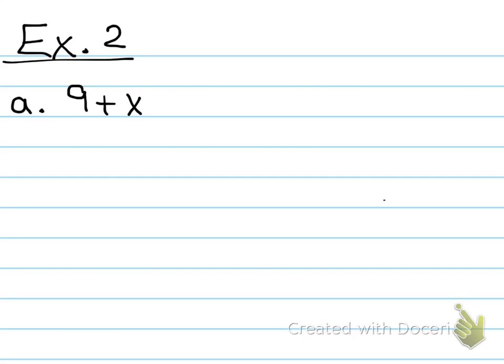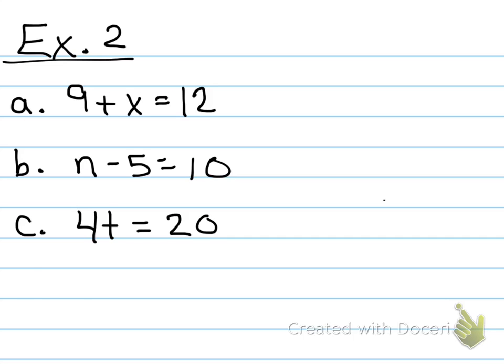Now in example 2, those of you who do not like showing your work, you'll really like example 2. Because in example 2, you're doing mental math, okay? So whenever I'm reading these equations, wherever I see a variable, I want to ask myself what number. Okay, so let's read letter A together.